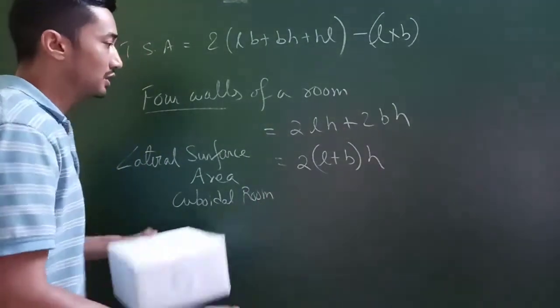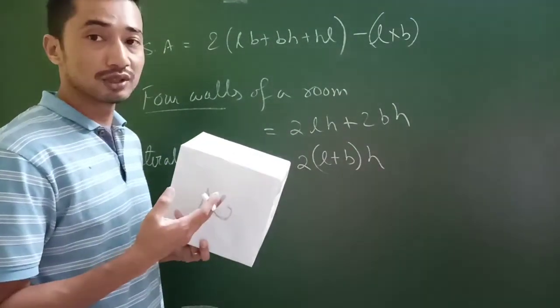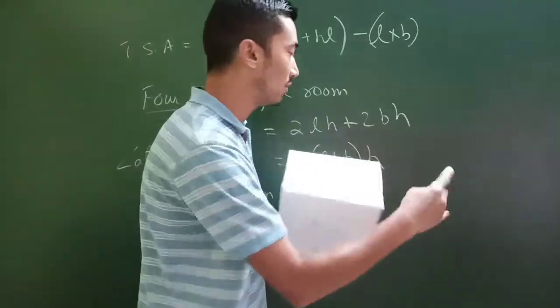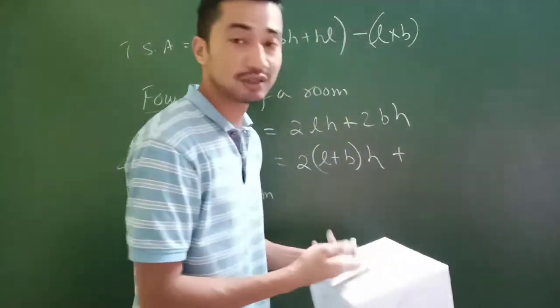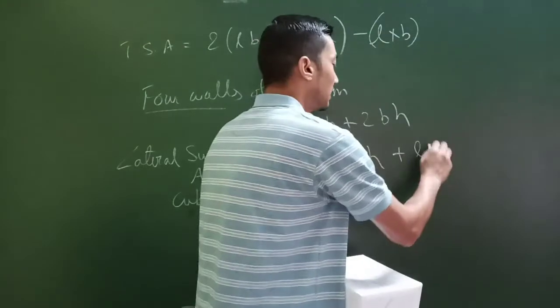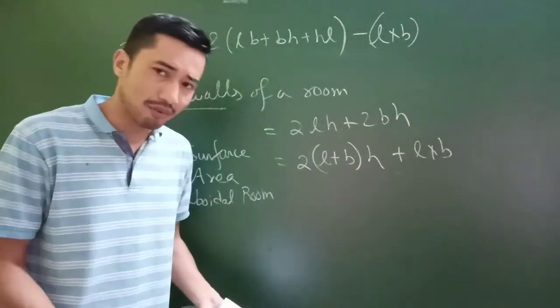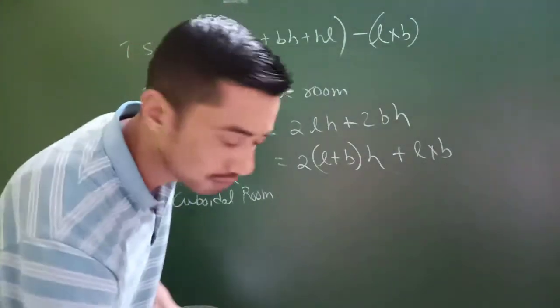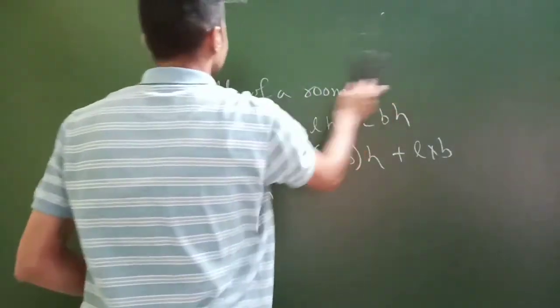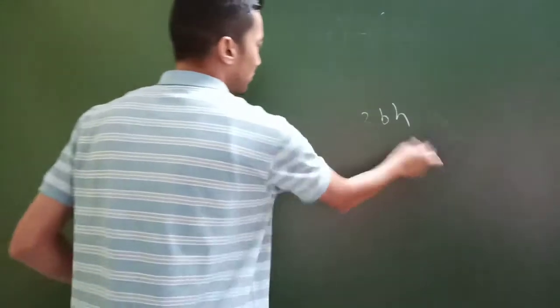Suppose they also want the ceiling, then along with the four walls, you add the ceiling. The ceiling will be length into breadth. So that means you don't have to memorize the formulas, because as I mentioned, there is no need.